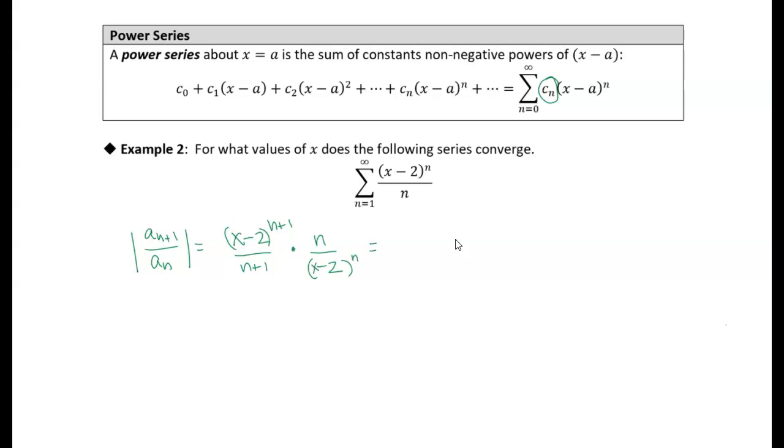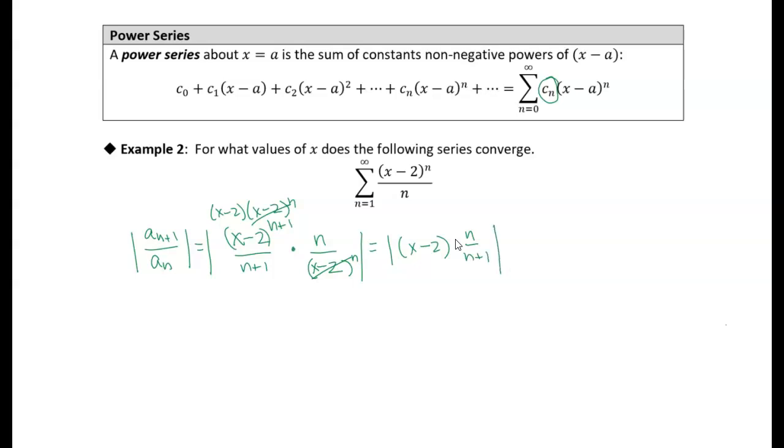All right, so let's clean this up a little bit. So this numerator here on the left is the same thing as x minus 2 times (x minus 2)^n, right? And so I have a common factor of x minus 2. And so what I end up with, I'm leaving off my absolute value signs, but I'm going to have absolute value signs on in this case. So what I end up with is x minus 2, and then n over n plus 1.